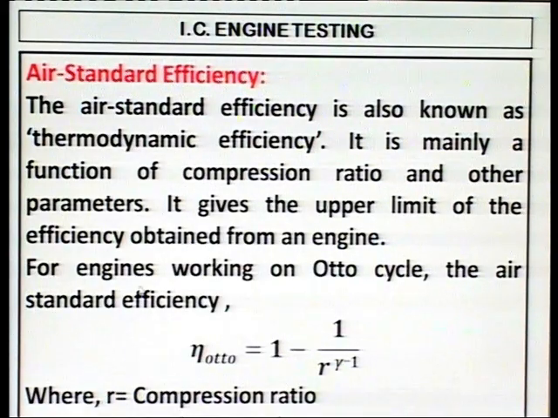For engines working on Otto cycle, the air standard efficiency eta Otto is equal to 1 minus 1 upon R to the power gamma minus 1, where R is equal to compression ratio and gamma is equal to adiabatic index.